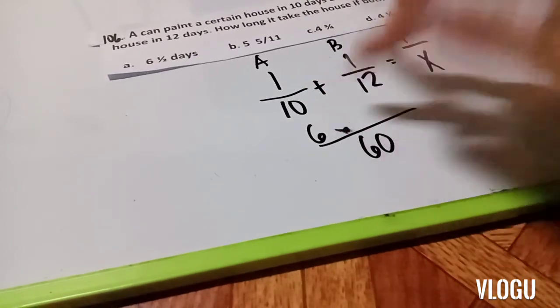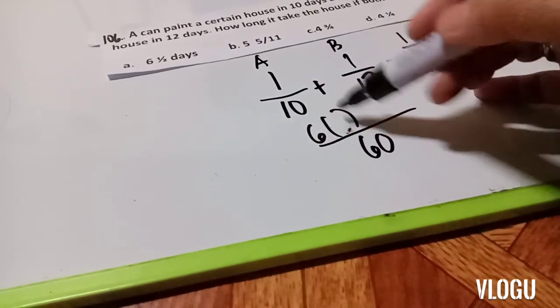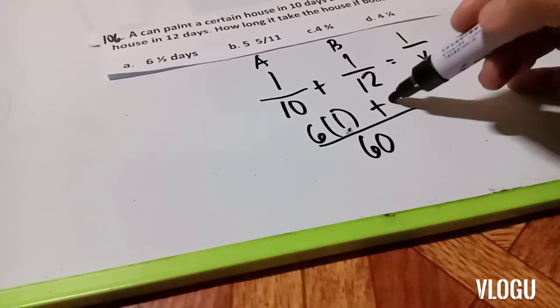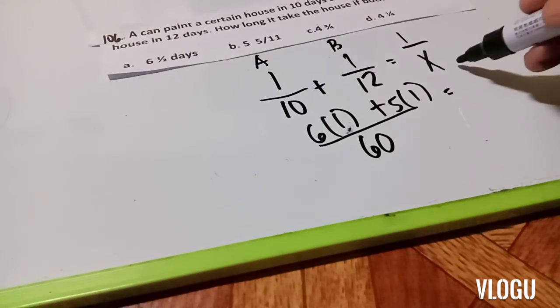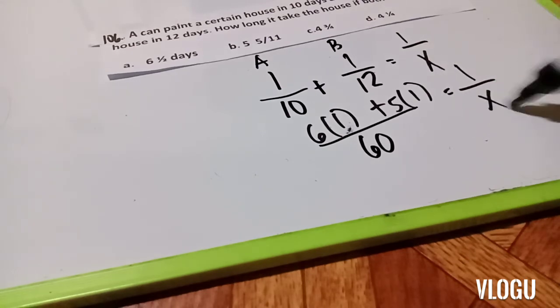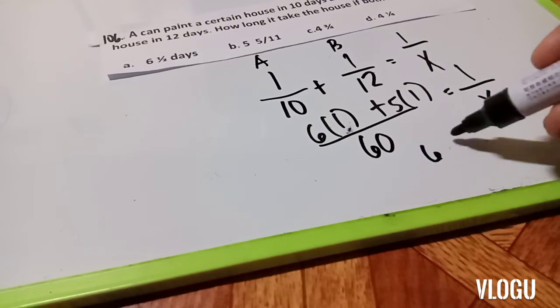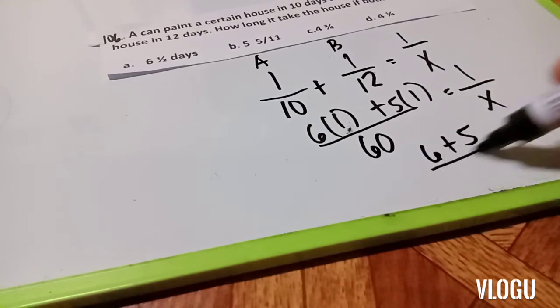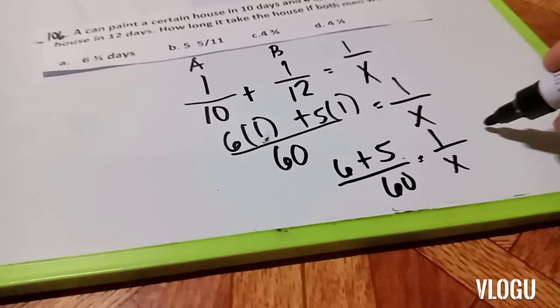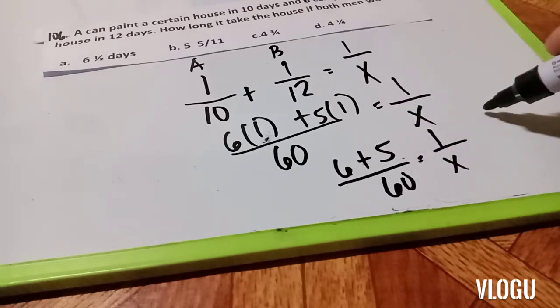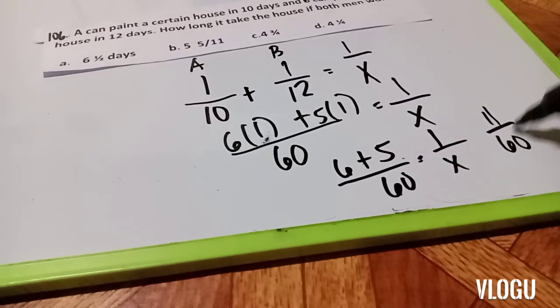And then we have 1 over x. So 6 plus 5 over 60 is equal to 1 over x. Again, 6 plus 5 becomes 11 over 60, equal to 1 over x. So we need to get the value of x.